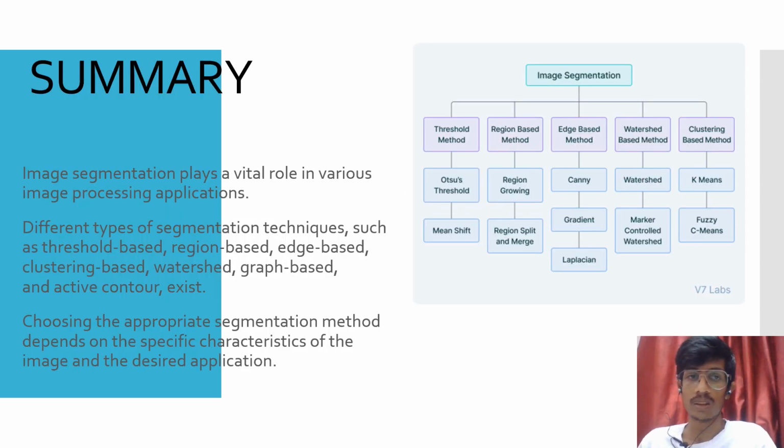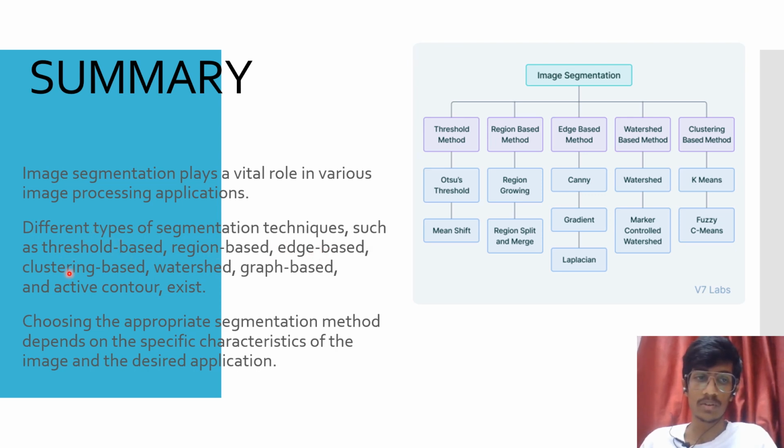For the overall summary, image segmentation plays a vital role in various image processing applications. We learned that image segmentation is very important. Then we learned different types of segmentation techniques, like threshold-based, region-based, and edge-based, and we have gone through these three techniques.